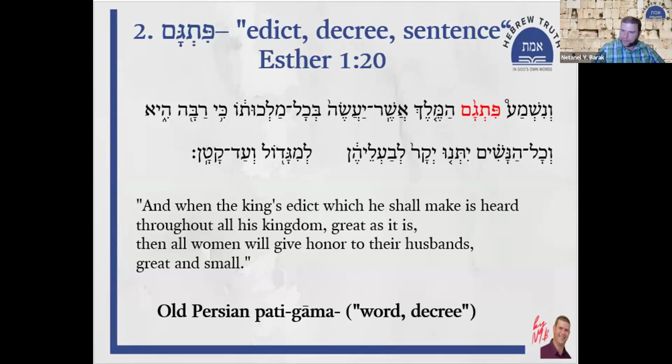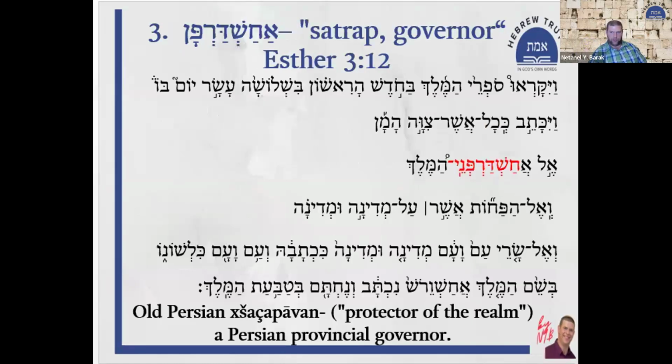Okay. Very good. We've talked about pitgam, and again, another term. Both of these are related to administration. Achashdarpanim.